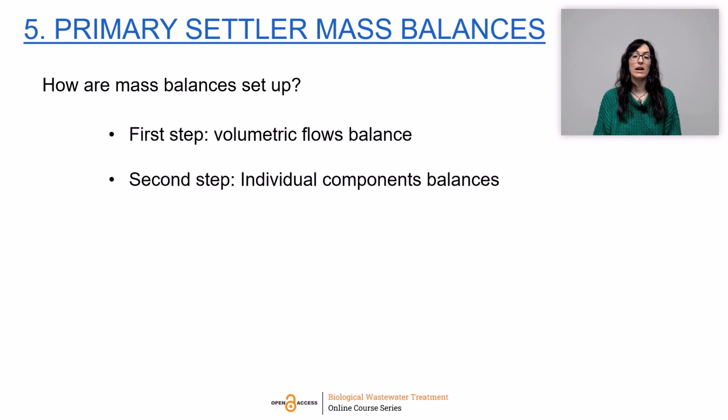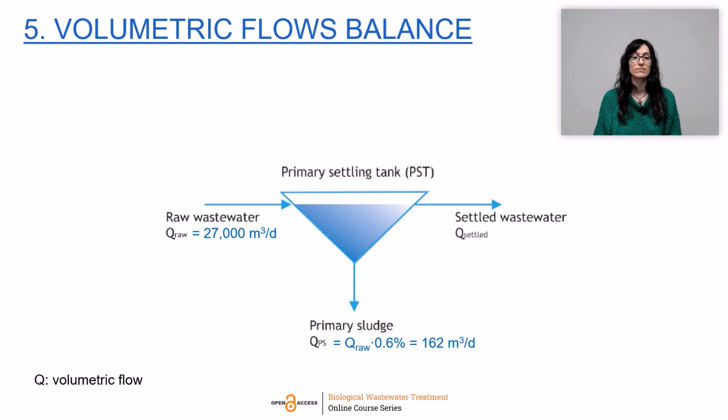To set up the mass balances, we normally start with the balance over the volumetric flows, and then as a second step, we do the same for the mass flows of the individual components. So let's start with the volumetric flow rates. We know from the information given in this example what is the flow of the raw wastewater.